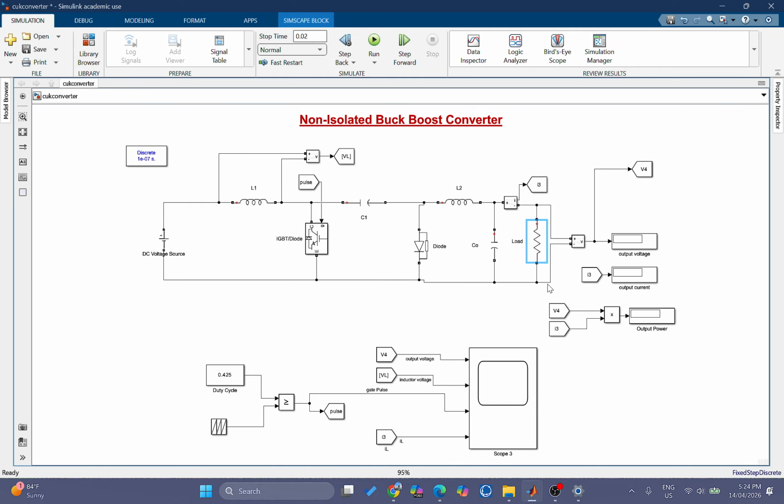The output voltage will be given by this display block. Output current is given by this output current. Then the voltage across the inductor is given to the scope here.